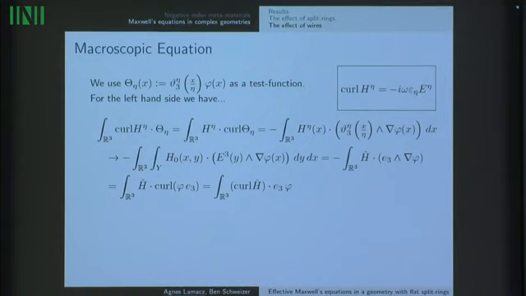Theta eta 3 converges strongly to E3, so weak times strong convergence is fine. And so we end up with a double integral over x and y. And now, by simply evaluating the y integral, we end up with an x integral over h hat, the geometric average, times E3 wedge gradient of phi. And of course, it is not really obvious at this point that this average gives us h hat. So you have to believe me here, there is some calculation in between. But at the end, it's really the geometric average.